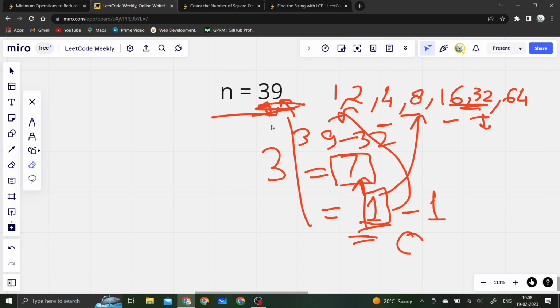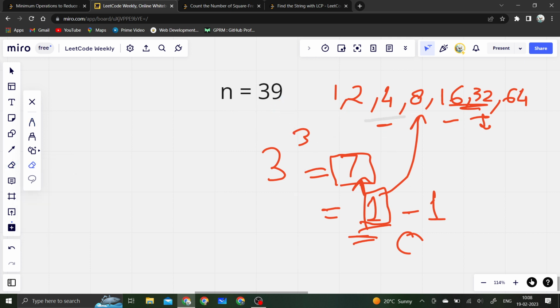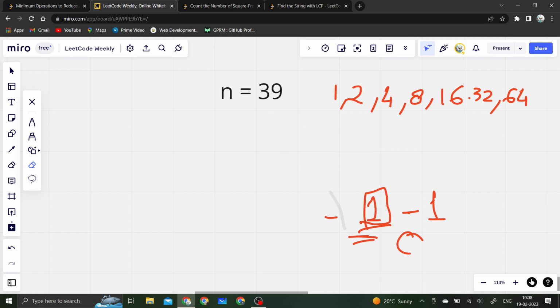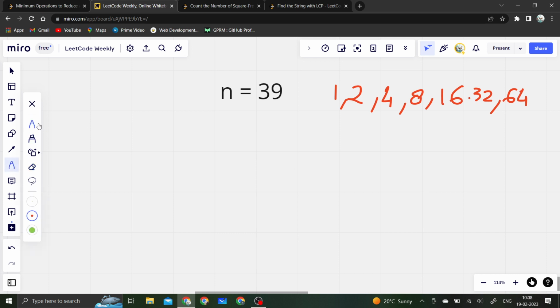Let's take another test case. That is the second one in the question, which is 54, right? So what we will do, we will consider the value which is nearest to 54, that is 64. So we will say 54 minus 64. What we will get?